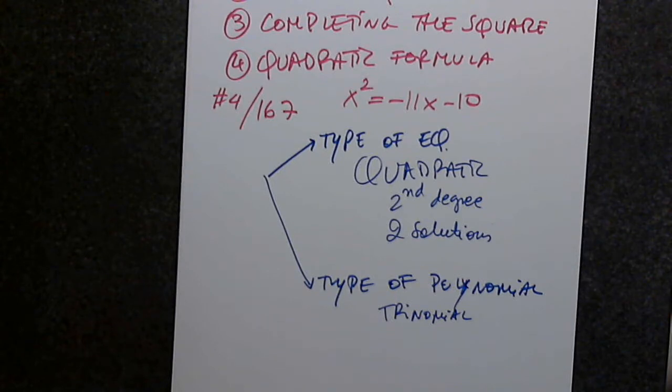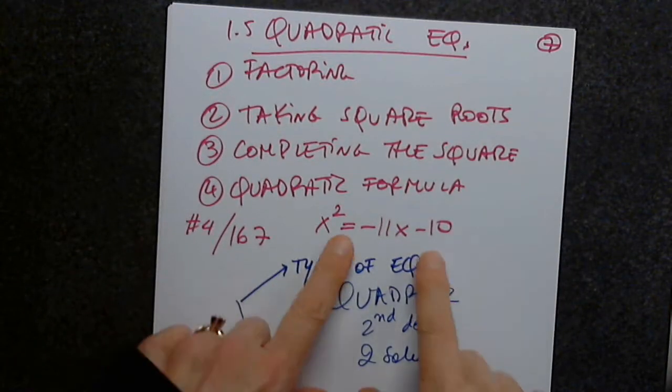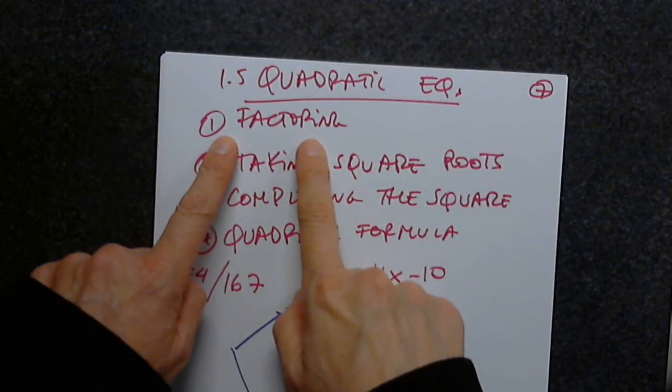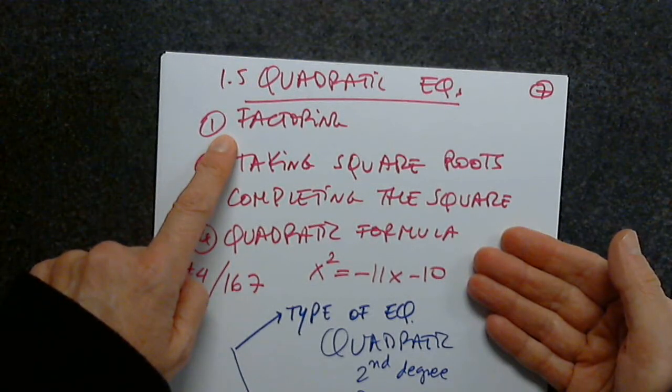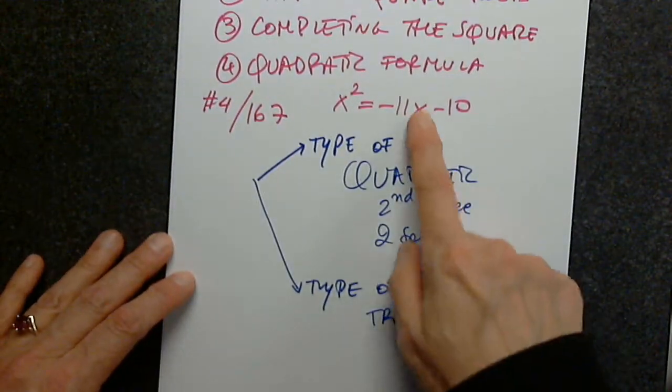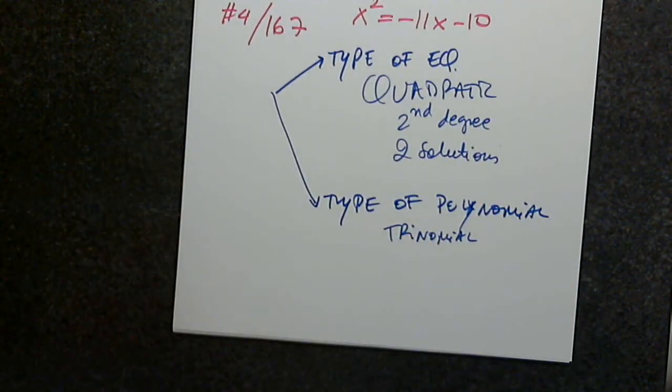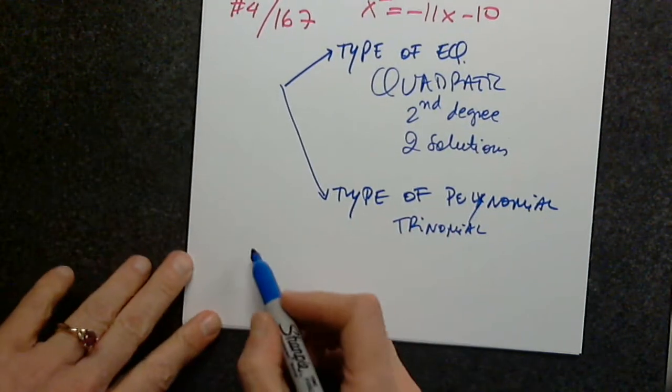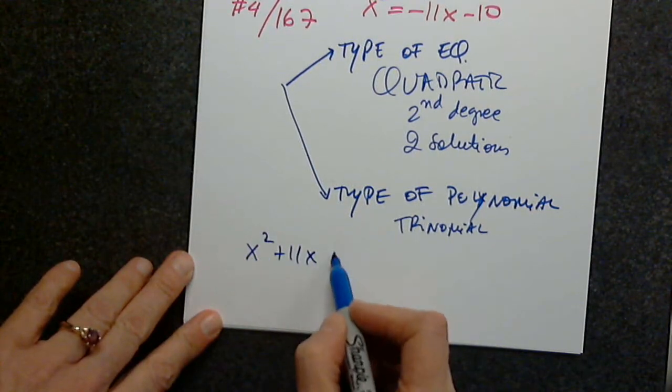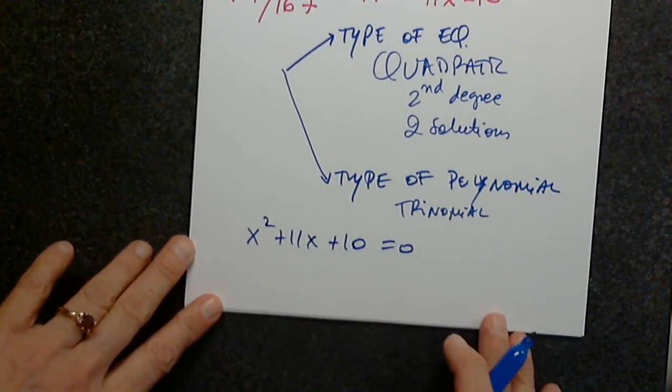Is this clear so far? Okay, so if I'm asked to solve something like this by factoring, I have to have 0 on one side. Meaning I will move these two terms. They are negative on the right, they will be positive on the left. So this is x squared plus 11x plus 10 equals 0.